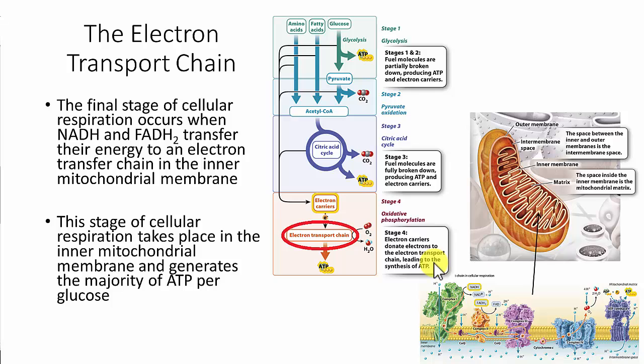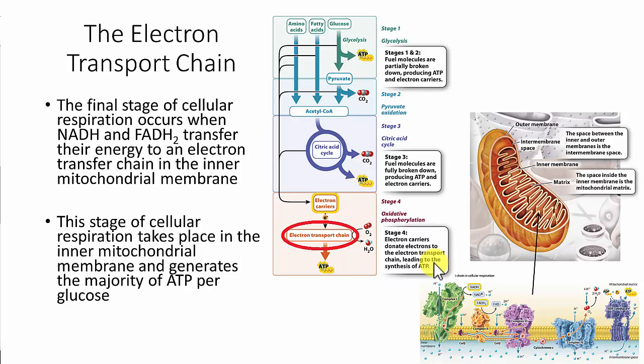So we've essentially transformed the majority of the organic matter into waste as CO2 and potential energy in the form of NADH, FADH2, and we've produced a little bit of ATP. The amount of ATP we've produced so far has been somewhat minimal compared to what we will produce. We generate about 88% of the energy per glucose in the very last stage of the process, known as the electron transport chain.